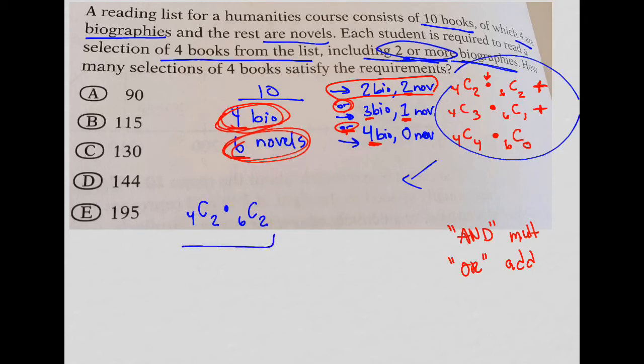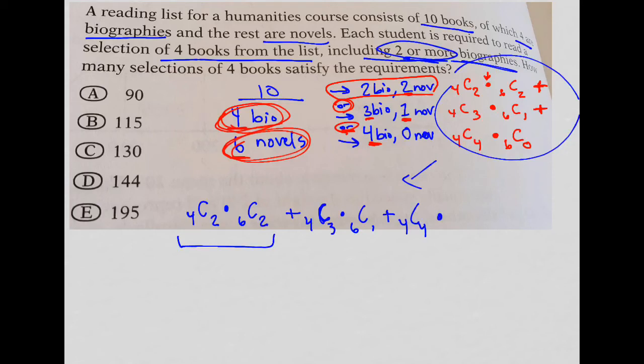That's that first situation. Or 4 choose 3 times 6 choose 1. Or 4 choose 4 times 6 choose 0. And each of these are just what was up here.